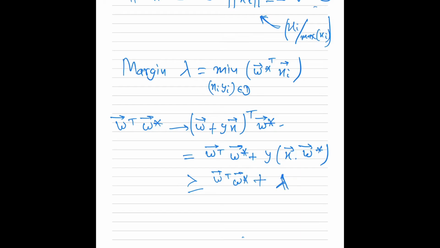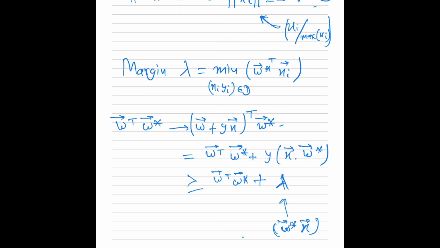Here lambda is the margin, the minimum of y w star transpose x. So clearly y w star transpose x will be greater than or equal to lambda, since lambda is the minimum.